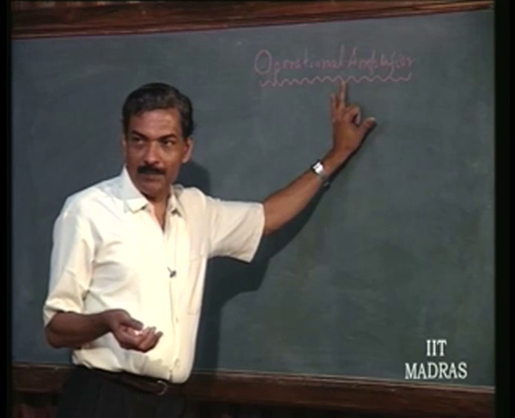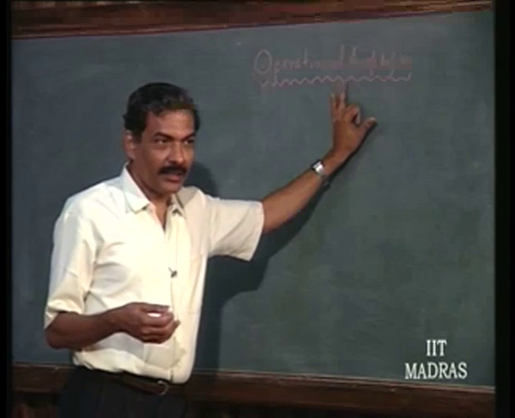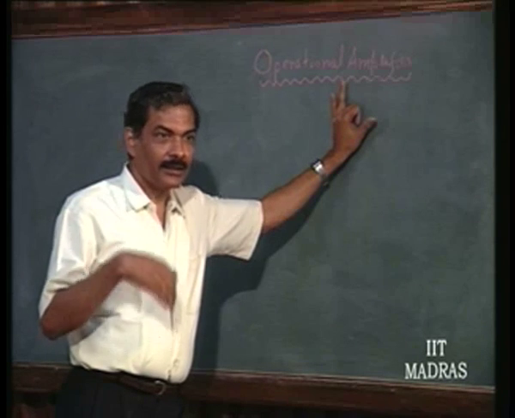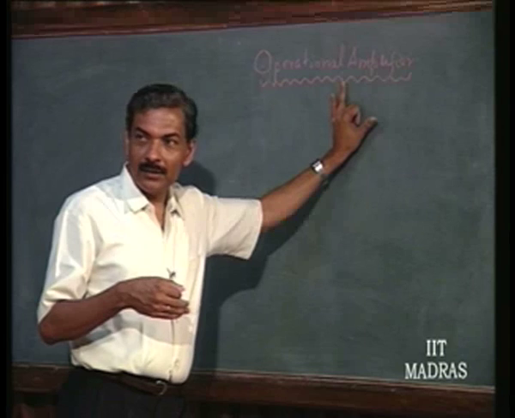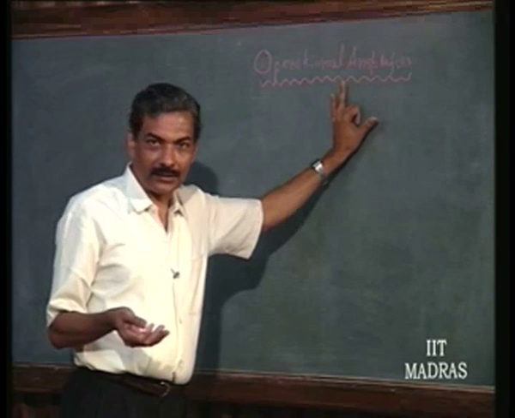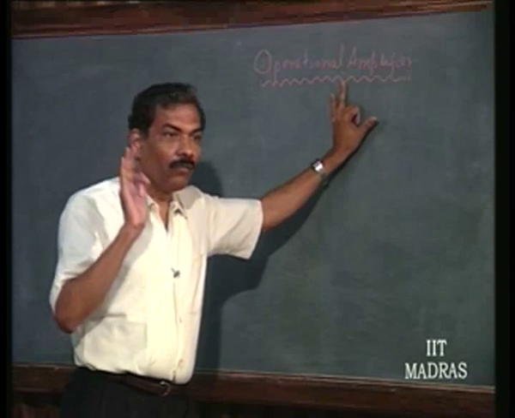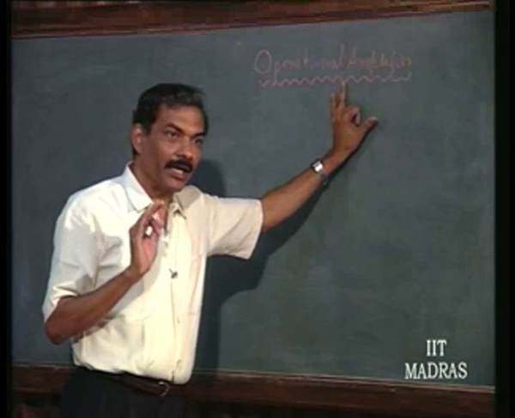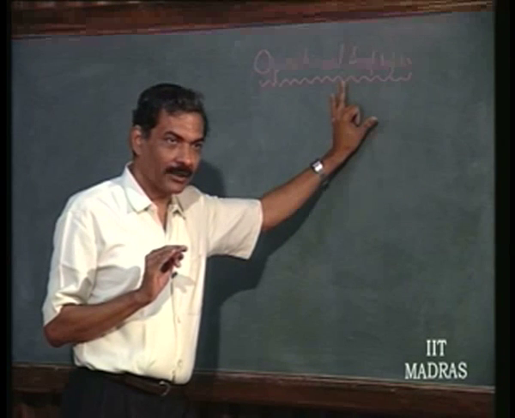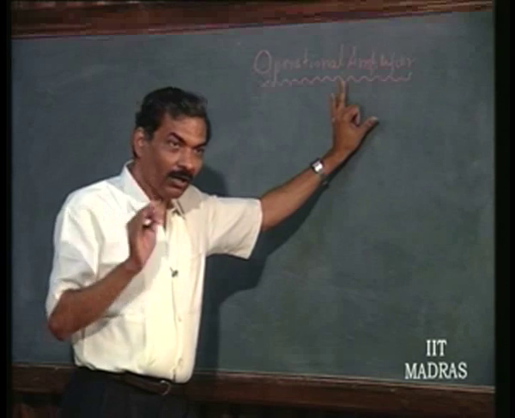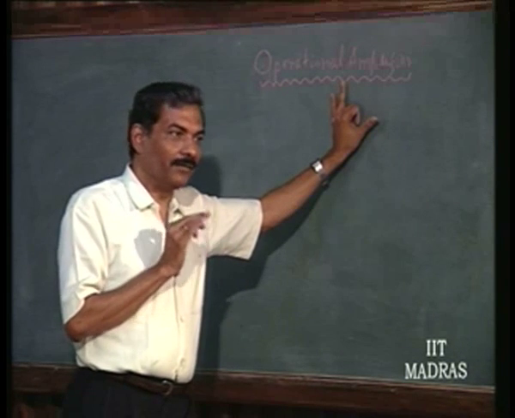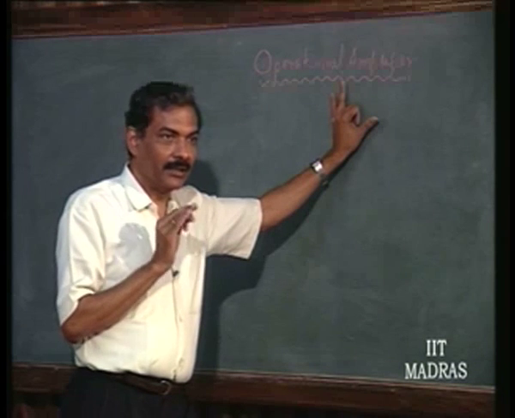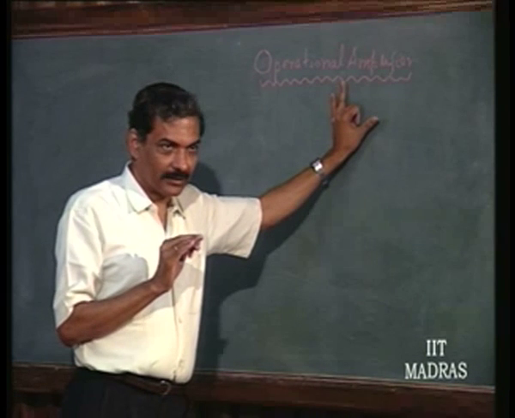It need not be gain, it can be voltage gain, current gain, transresistance or transconductance, resulting in 4 types of operational amplifiers, all of which can be used for the mathematical purpose of addition, subtraction, integration and differentiation.